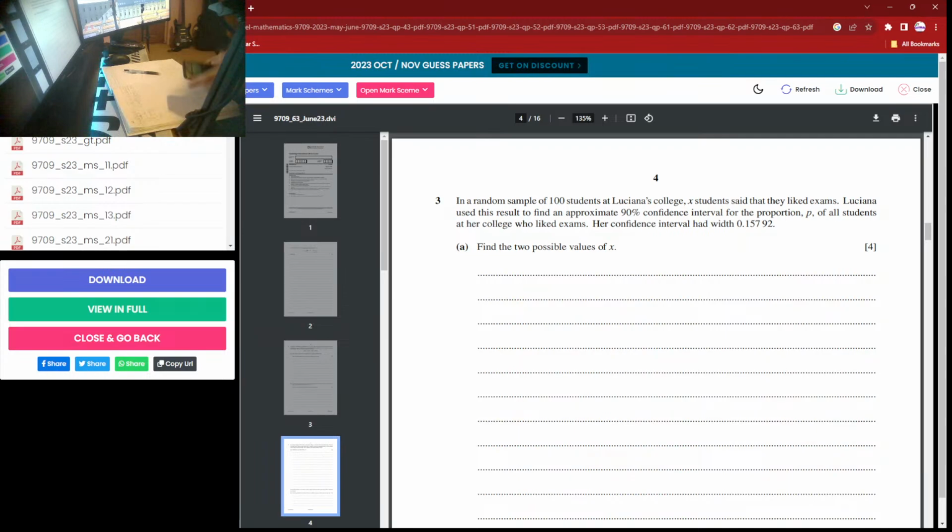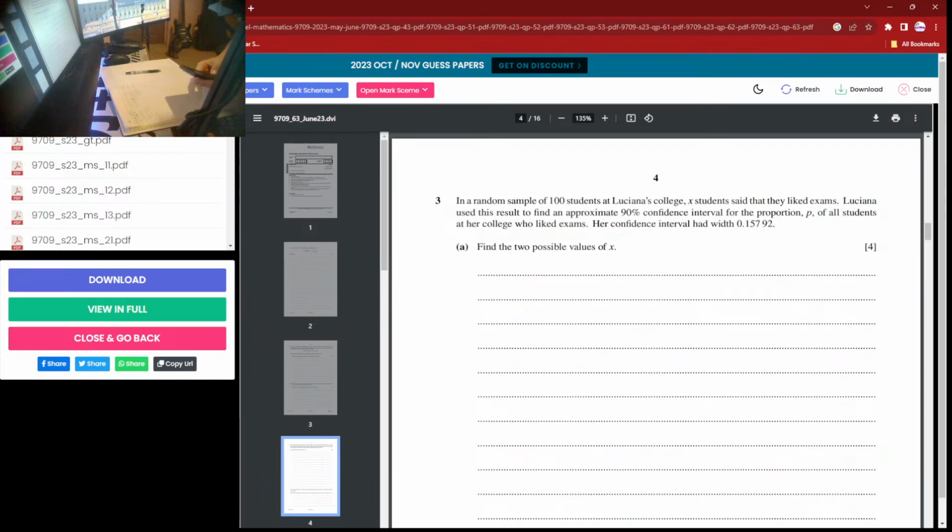Dividing it by 2, we'll just straight away divide this by 1.645 as well. You get 0.048. So root of x over 100 times 1 minus x over 100, over 100, is equal to 0.048, and we would square this value.